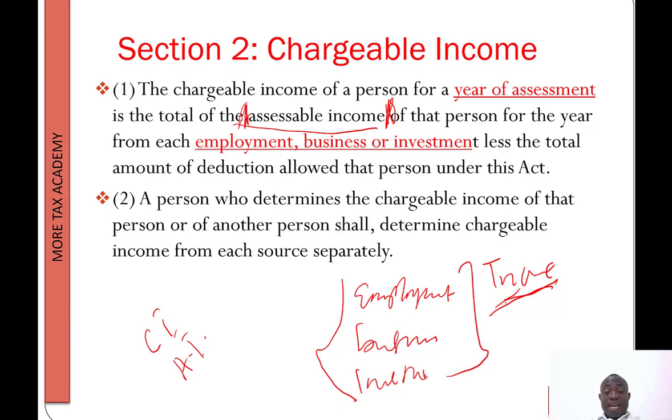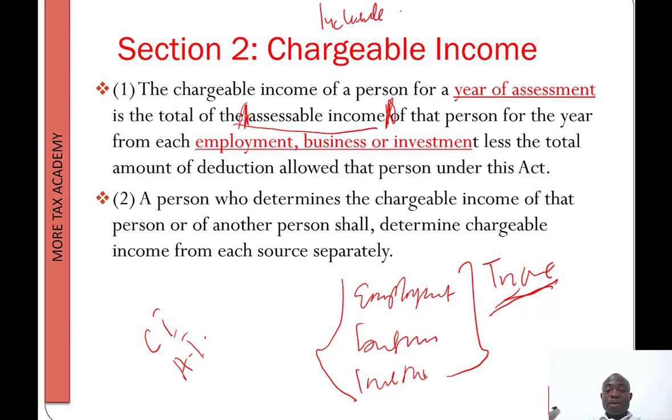So the simplest approach we can take is to identify the main sources of income. And that is what we are saying, that the main pipelines on which we want to slap tax are that the income must come from employment, it must be from business, or it must be from investment. For these ones, we are capable of defining them, and even the definition sometimes is not too clear. So we use the word inclusive.